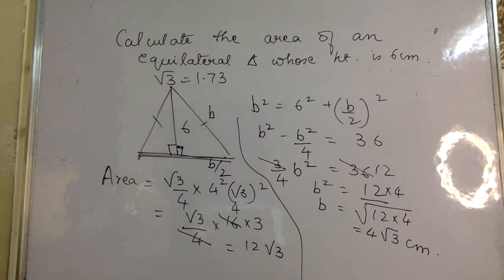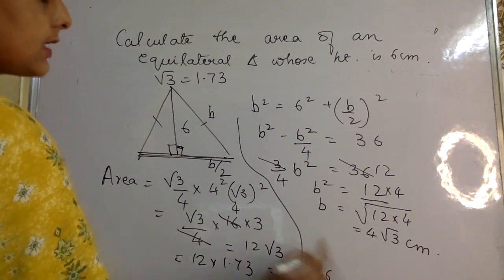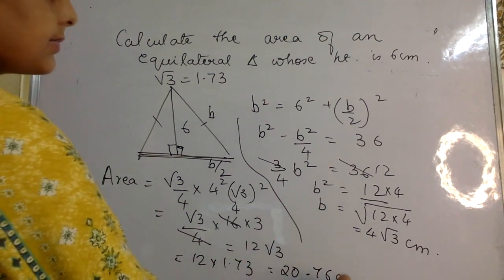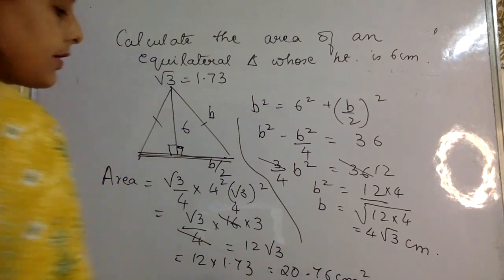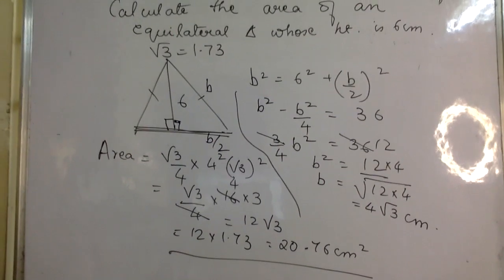It becomes 12 root 3, which is equal to 12 into 1.73. Okay, and if we multiply this, we are going to get 20.76 centimeter square. That is the area of the triangle now.